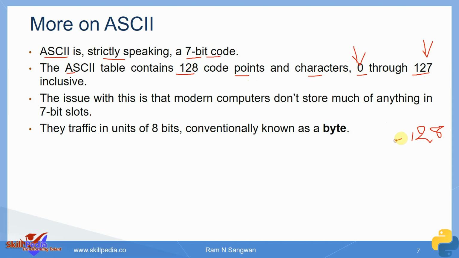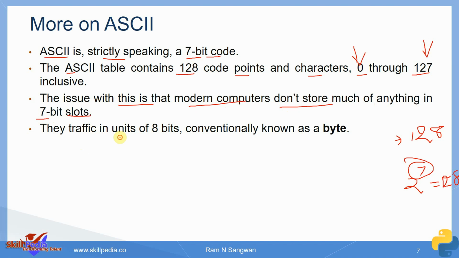If you calculate, this is 2 raised to power 7, which makes it 128. That is the reason ASCII is using 7 bits only. The issue with this is that modern computers don't store much of anything in 7-bit slots.